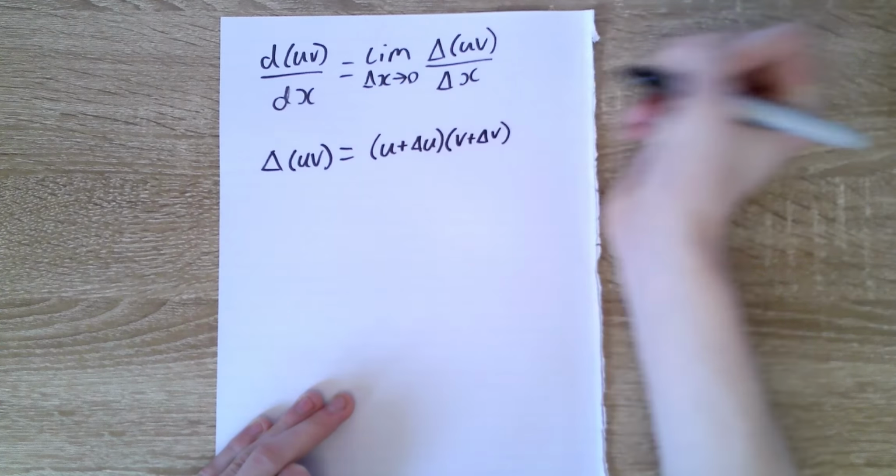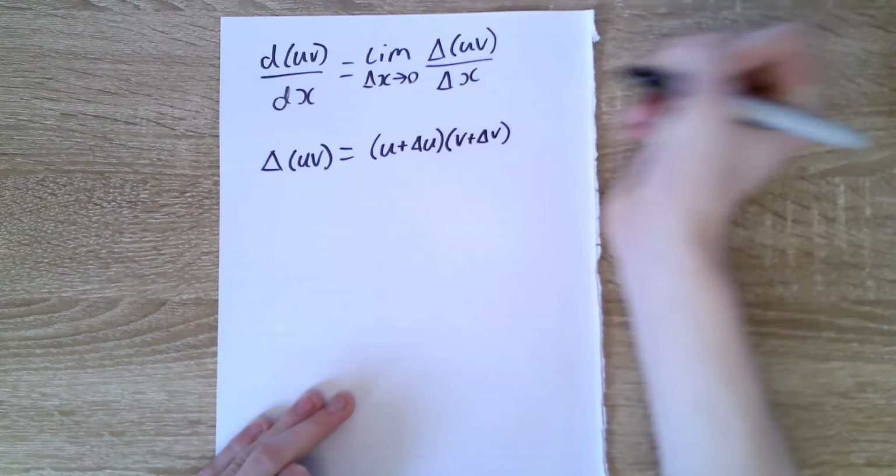Now, if we expand this out, it gets us u delta v plus v delta u plus delta u delta v. The uv cancels out with a uv from in here.